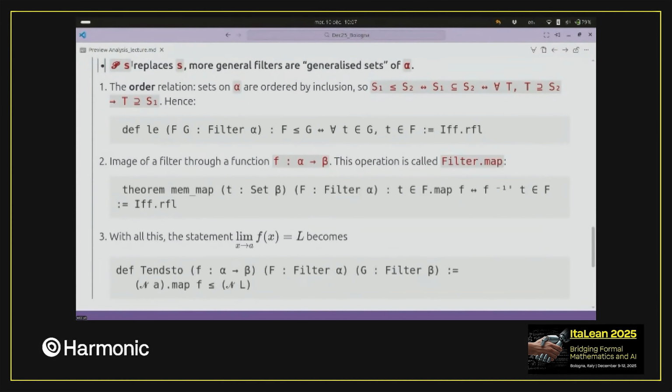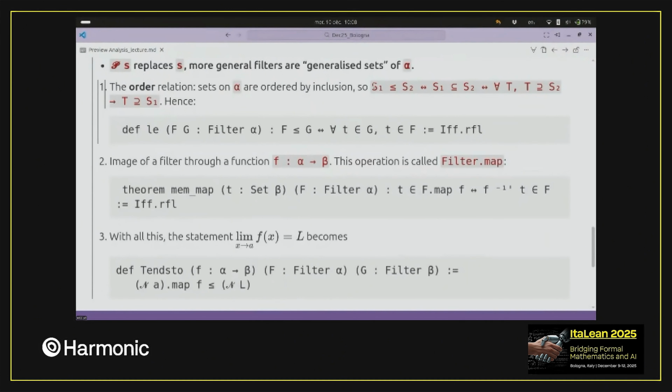But then we want to extend some properties, especially two key properties, which are the order property between sets and the push forward operation. We want to extend them to filters. When you have two sets, S1 and S2, S1 contained in S2 is the same thing as saying that for every T which contains S2, T also contains S1.